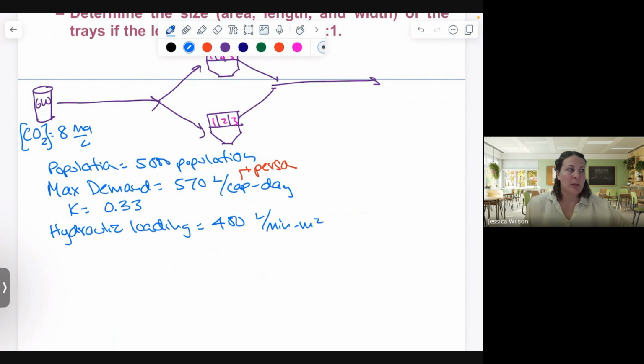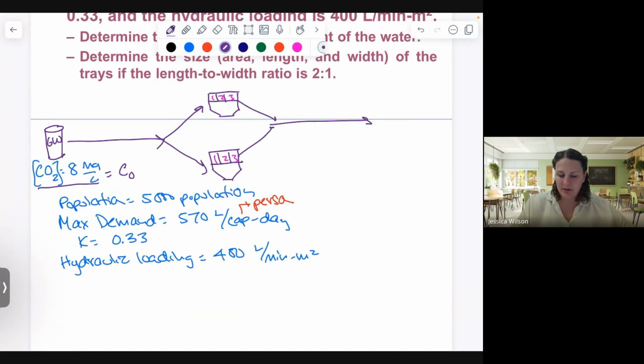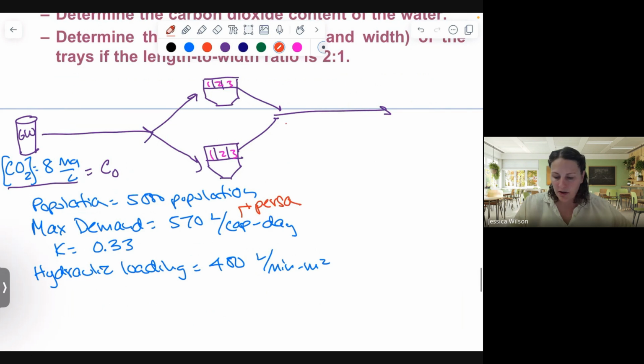Okay, great. So lots of information. We will start with determining the carbon dioxide content of the water. We know the initial carbon dioxide concentration, that is our 8 milligrams per liter, and we need to know our final carbon dioxide concentration.